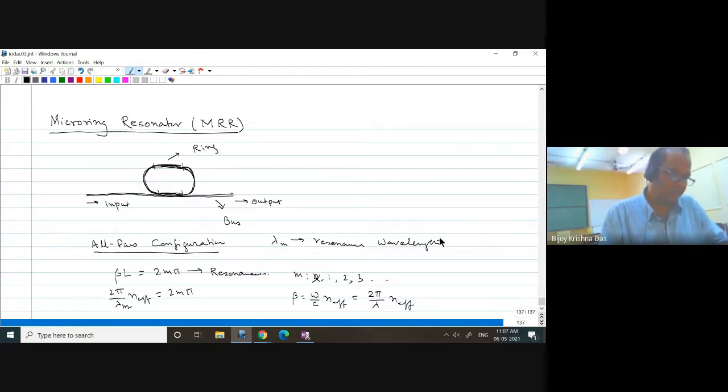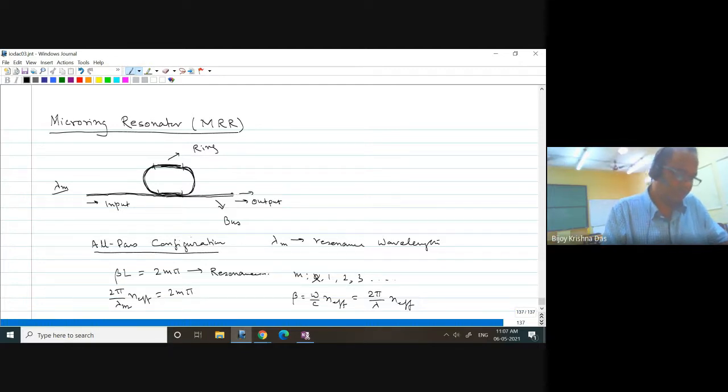Before that, another type of ring resonator I will discuss. Before discussing that, we have already understood earlier that at resonance, if any resonant wavelength is fed in the bus waveguide, that particular resonant wavelength will be stored. That electromagnetic wave associated with that lambda will be stored in the ring, and you will see the energy is depleted from the output for those particular wavelengths.